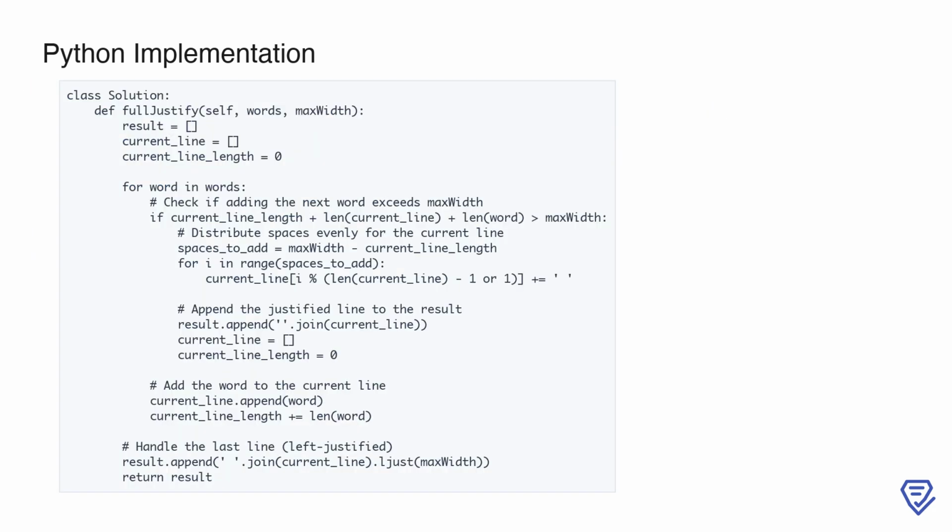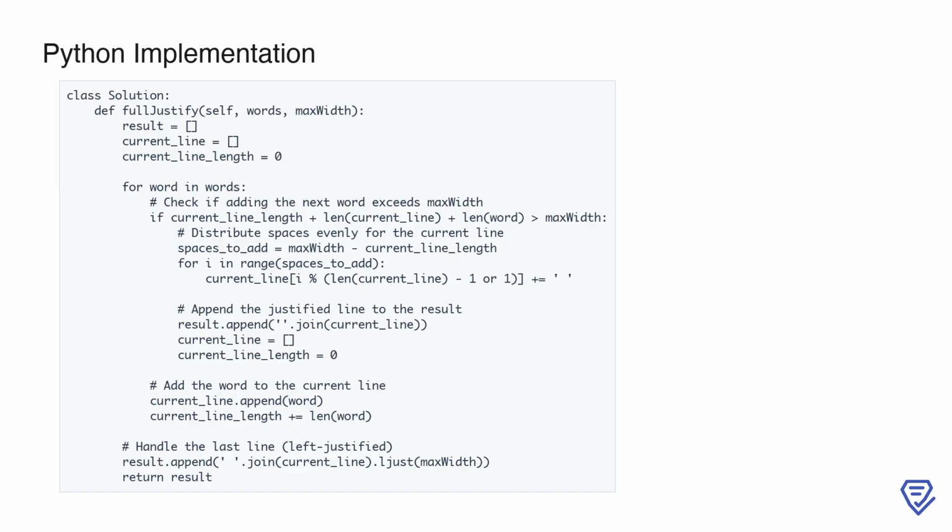This Python implementation solves LeetCode problem number 68, text justification, by formatting a list of words into fully justified lines of a specified width. The function fullJustify takes the input list of words and the maximum line width. It initializes an empty list for storing the final result, as well as variables current_line and current_line_length to track the words and length of the current line being built.